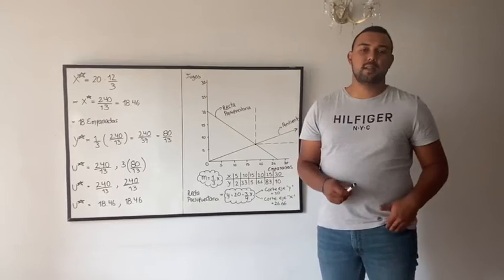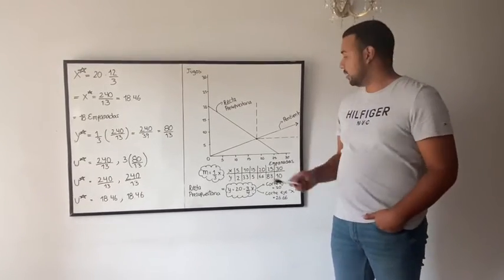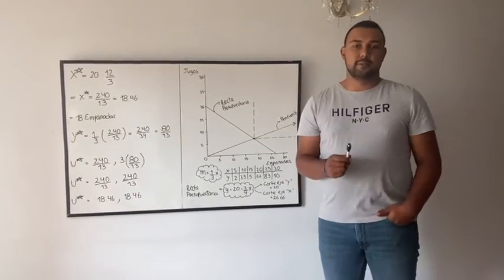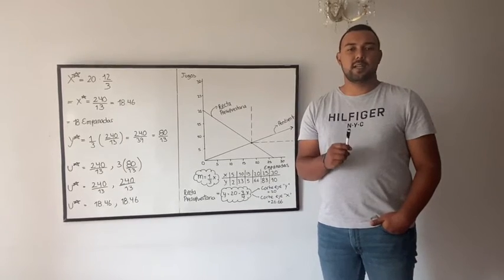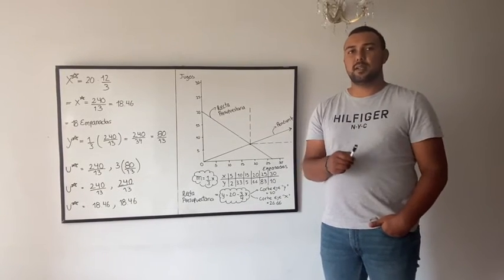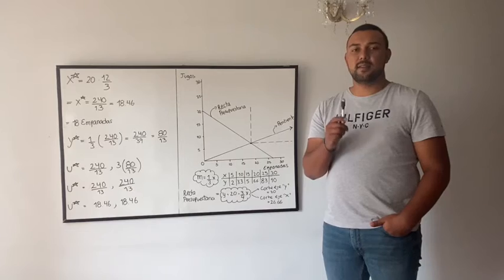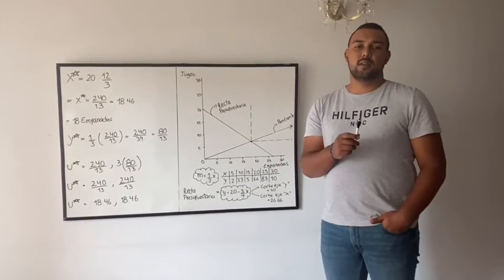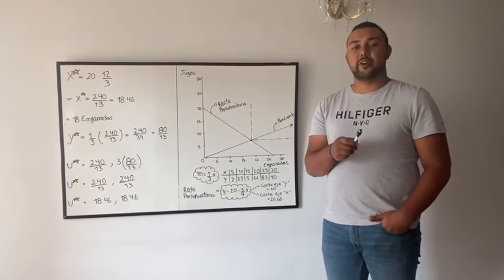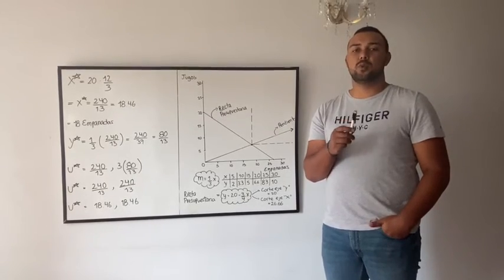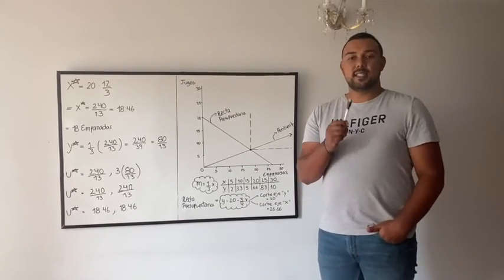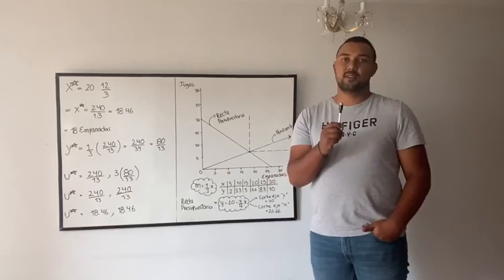Now we can see the baskets that are located in this L will give us a utility of 240 divided by 13, and likewise we already know what to take to my friend Pamela to make her as happy as possible, which would be 18 empanadas and 6 juices.